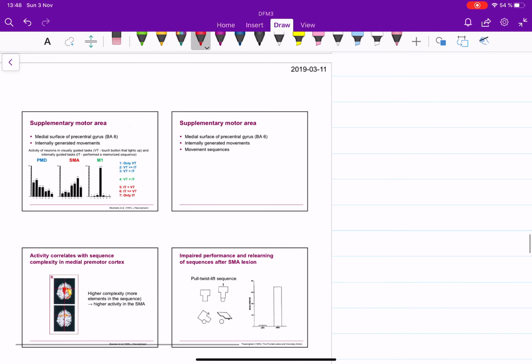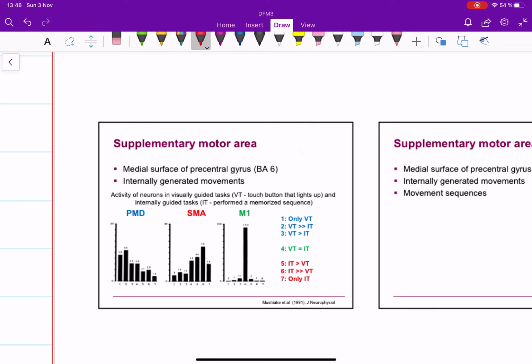Here they did an experiment where they gave a task to the participant. One of the tasks is to touch a button that lights up. That's an external stimulus, obviously. The other task is to perform a memorized sequence, and that's self-initiated movement or internally generated movement.